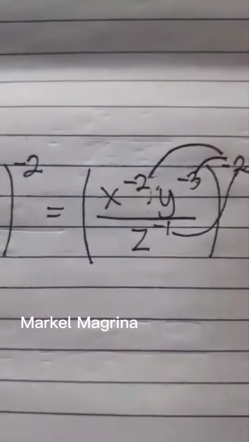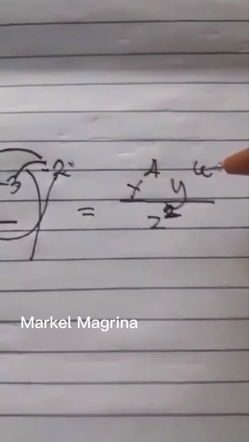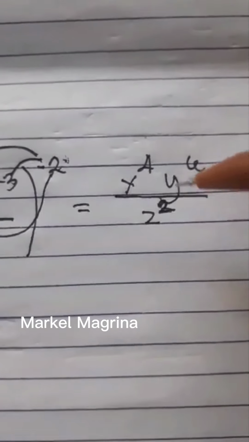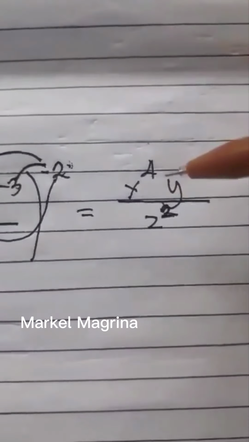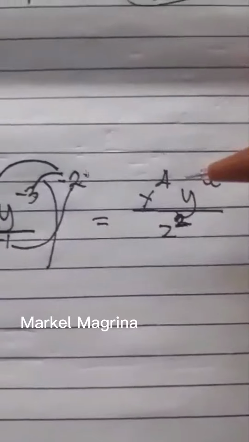So, the answer is x to the power of 4, y to the power of 6 over z to the power of 2. It becomes 4 because negative 2 times negative 2, since they have the same sign, is positive.